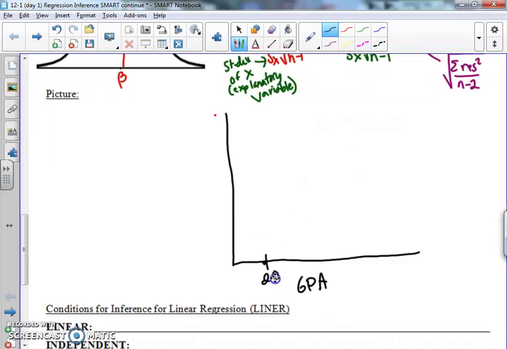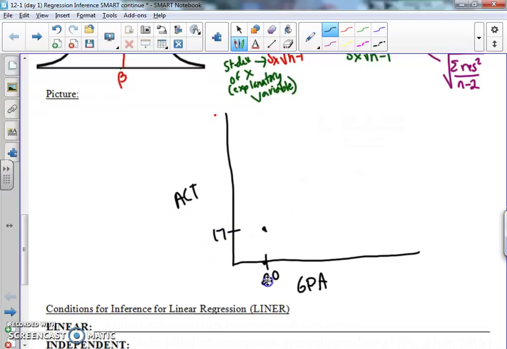If we look at all the 2.0 GPAs, we could look at all of the different response values, which would be the ACT. Let's say the average response for ACT would be 17, meaning that for all people that have a 2.0 GPA, the average ACT score is 17.